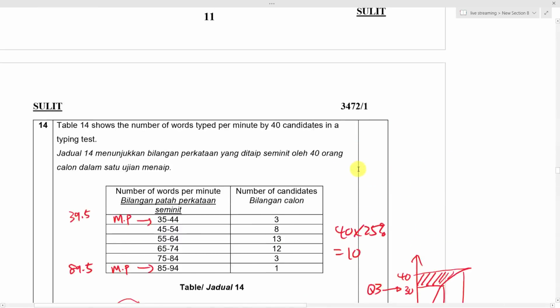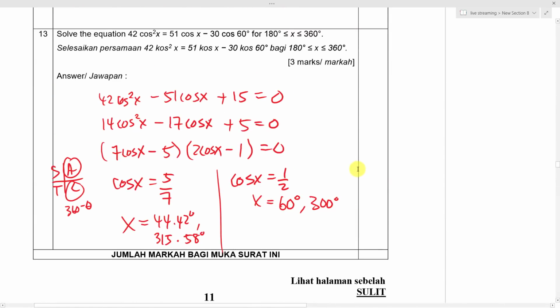Okay, I did something wrong just now. Did I? Which part actually did I get wrong?